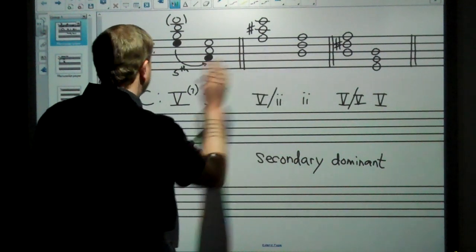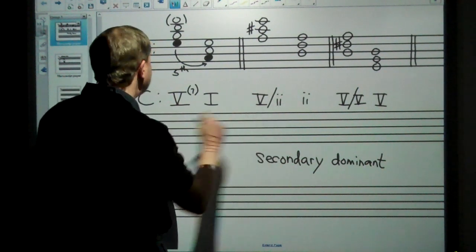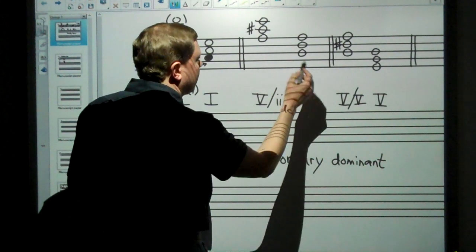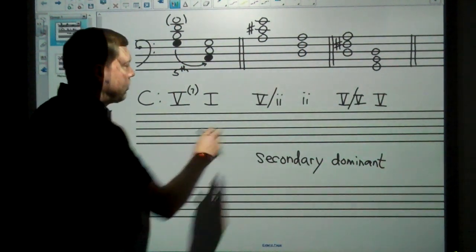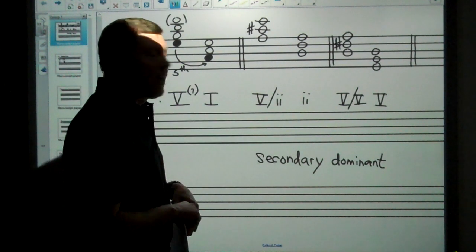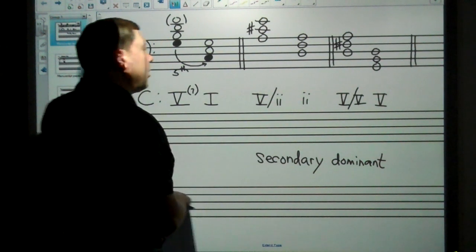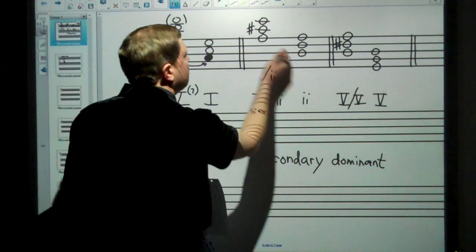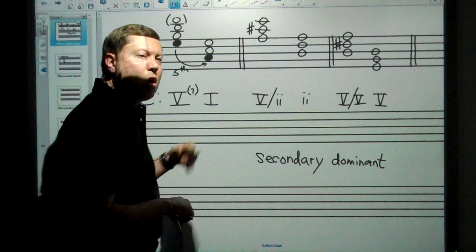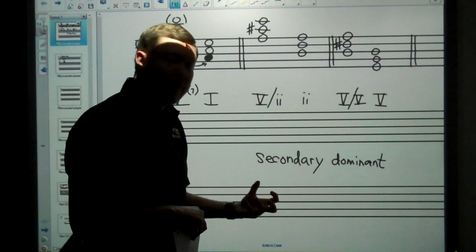though in this middle measure I am in the key of C major, and I have a regular 2 chord over here, DFA, we would have no problem analyzing that DFA chord in C major as a minor 2. But what I have coming before this minor 2 chord is this 2 chord's own dominant chord.